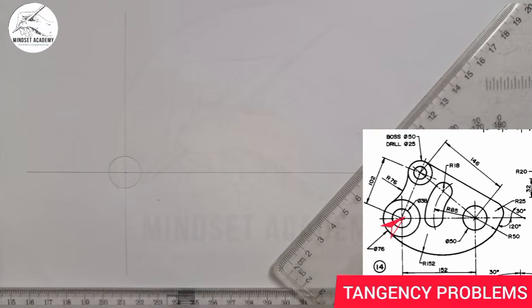You can see that. Now the next one is the outer one, which is 76, and half of it is 38. Remember, half full size. If I divide this diameter by 2, I'll be having 38, and if I divide that by 2, I'll be having 19.